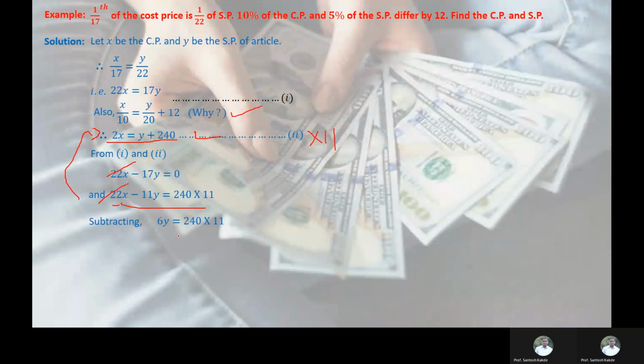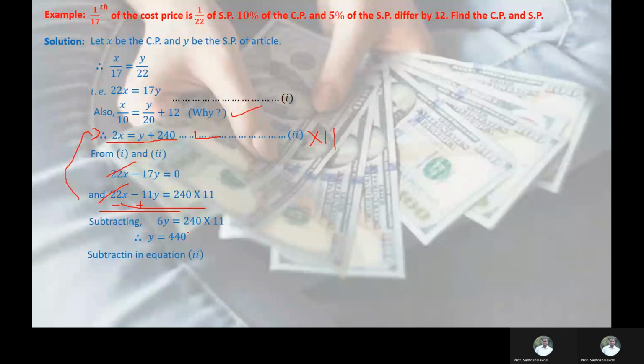So this one is 6y, 17 minus 11 is 6. This minus this is nothing but this, so minus and minus become plus, and 6y is equal to this quantity. So just simplifying, we get y is equal to 440.